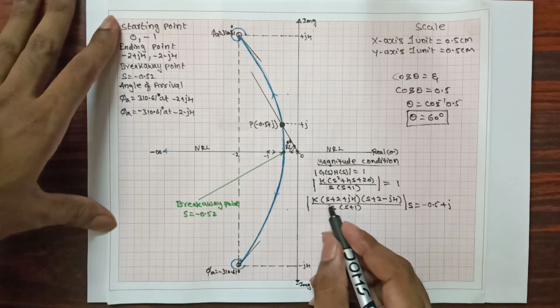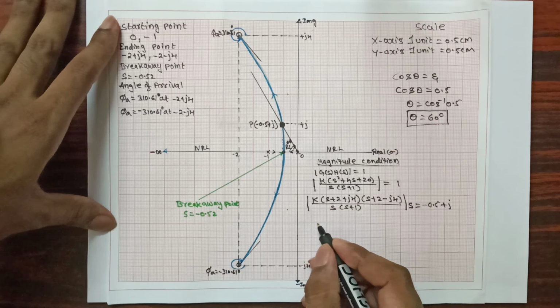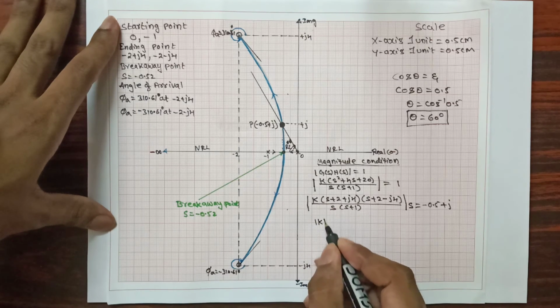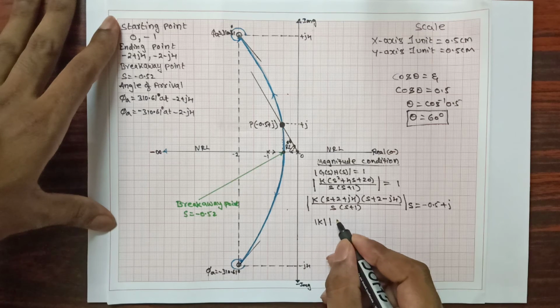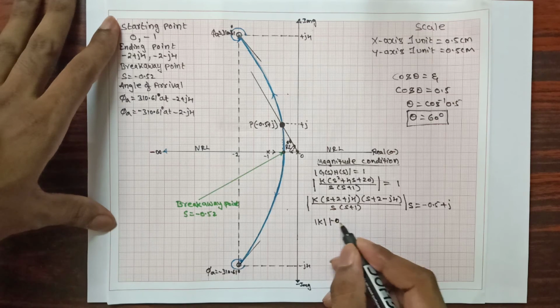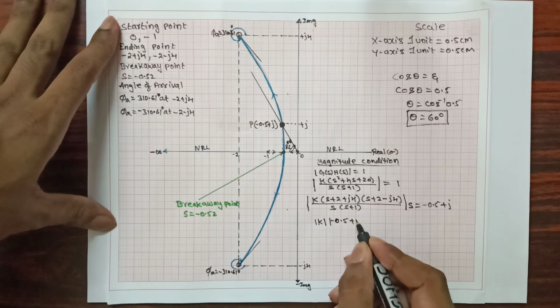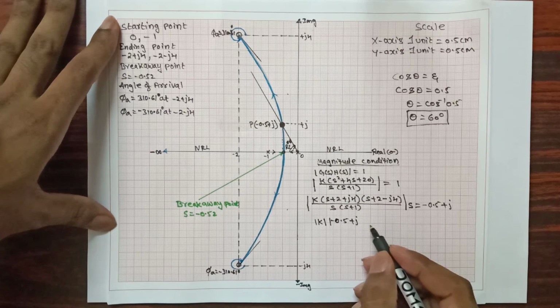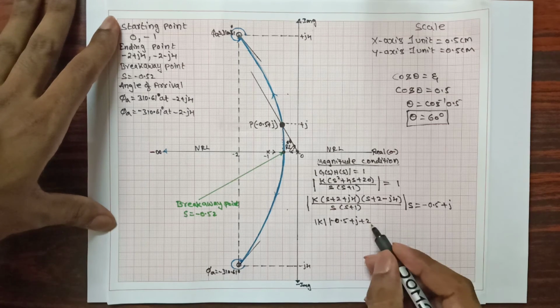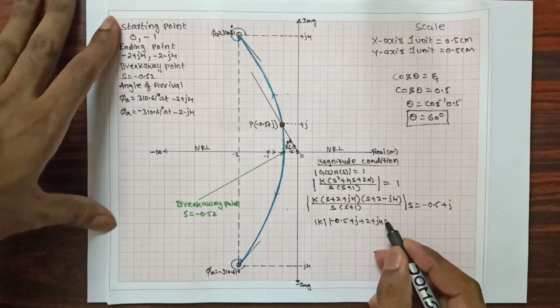Now by substituting the s value in this, I will be getting magnitude of K, magnitude of (-0.5 + j + 2 + j4).